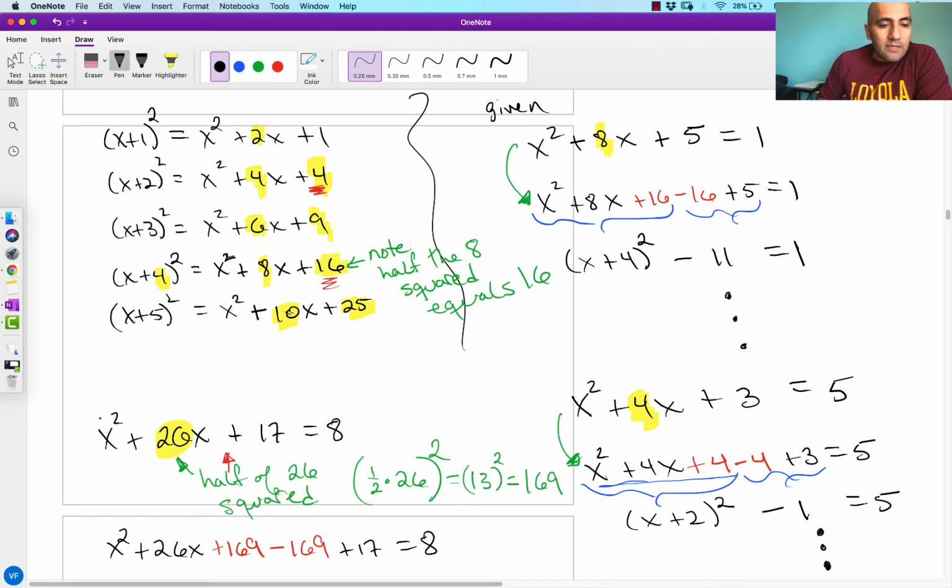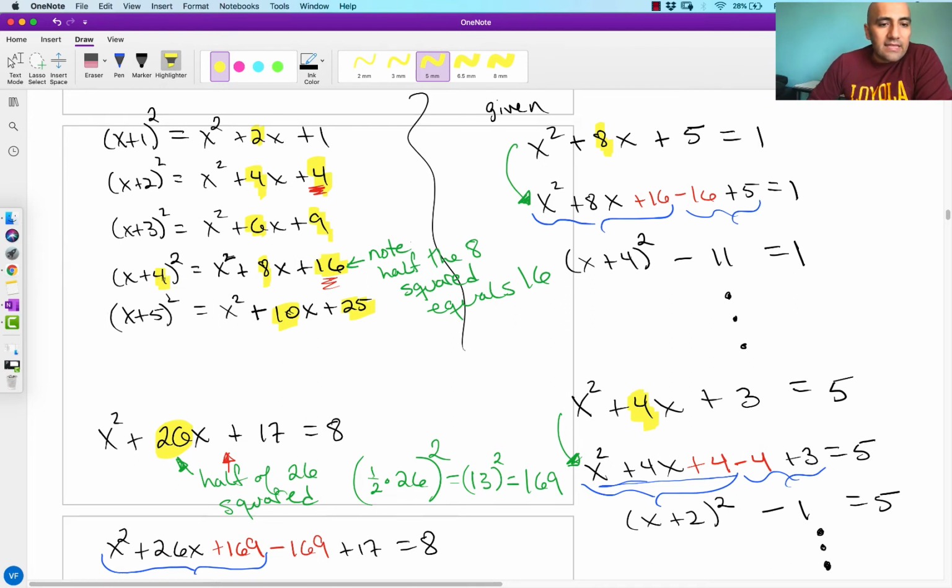So I've just copied this question here, and then I've inserted the perfect amount. And just like in all the other cases, that's going to result in me having a perfect square trinomial here. It's going to guarantee it. Now, what's that perfect square trinomial going to be? Well, notice that in every single pattern, the constant that goes here is exactly half of that one. Right? That's another pattern that we notice.